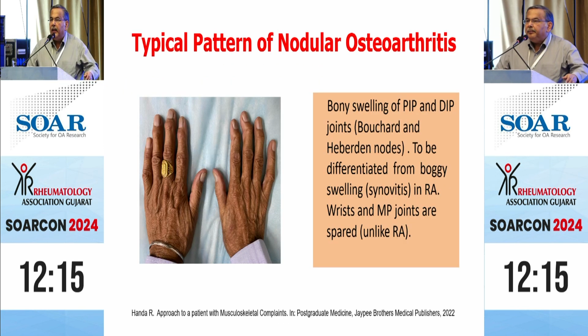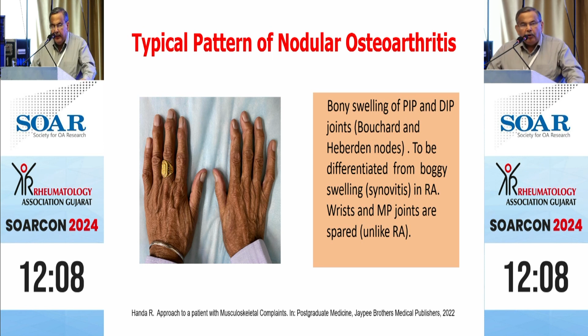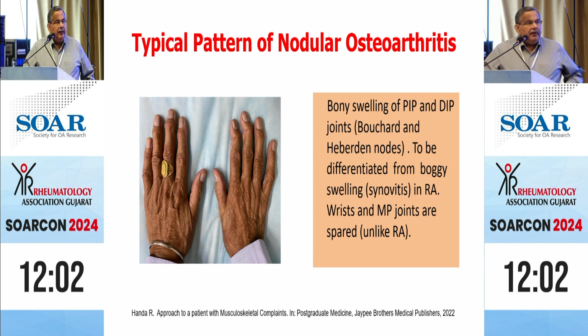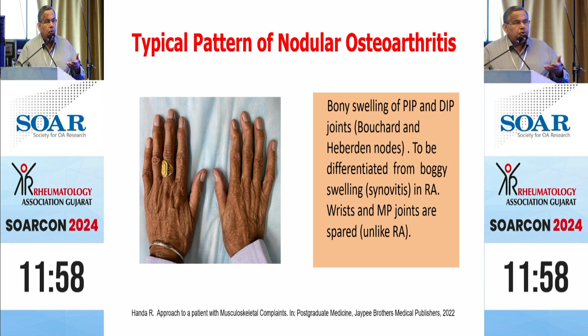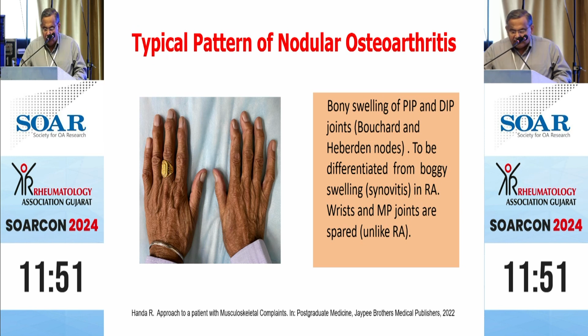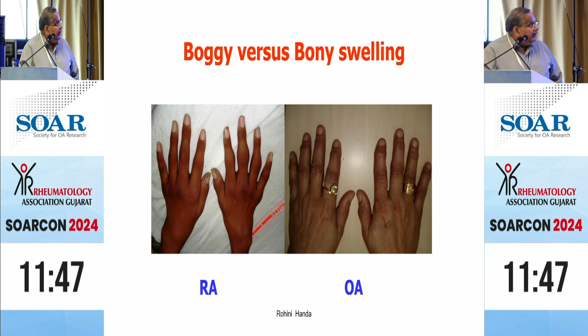This phenotype defines nodular osteoarthritis of the hands, and this may be there with knee osteoarthritis or maybe without knee osteoarthritis. We've heard a lot of talks about knee disability and the approach to knee pain. Hand osteoarthritis is perhaps the poor cousin of knee osteoarthritis, but the phenotype is very distinct.